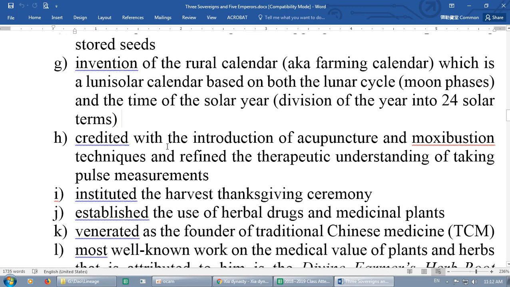So that proves that at that period, they were pretty advanced in astronomy. Because you have to observe the lunar phases, the solar cycle, etc. So it's not far from the period of Stonehenge.